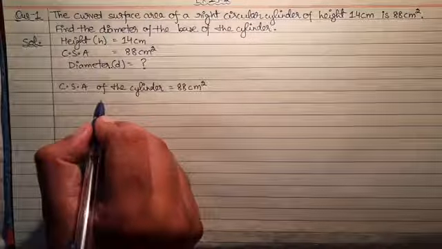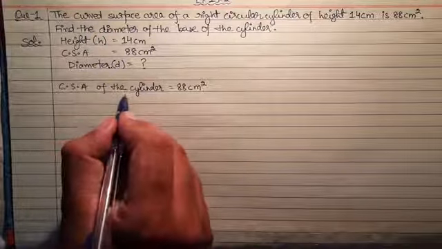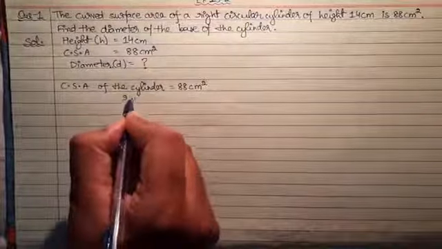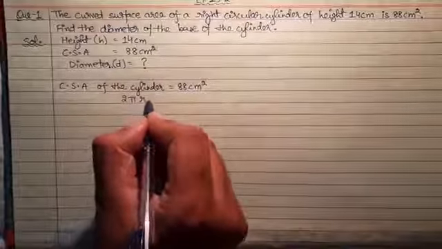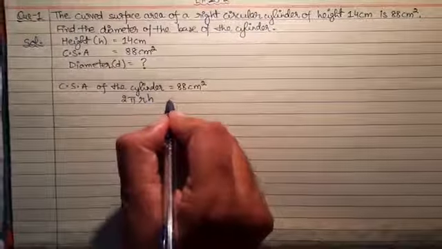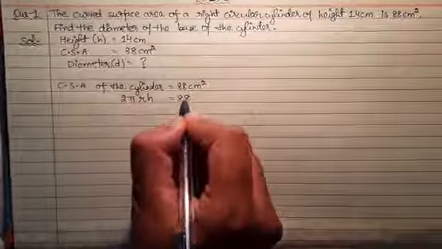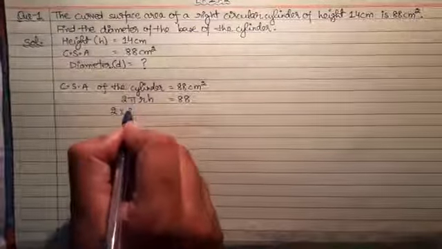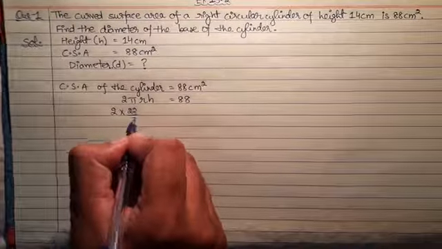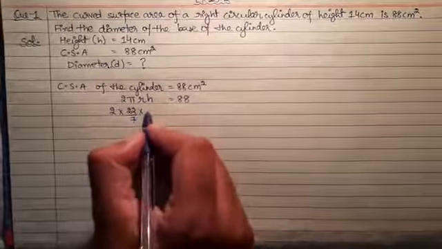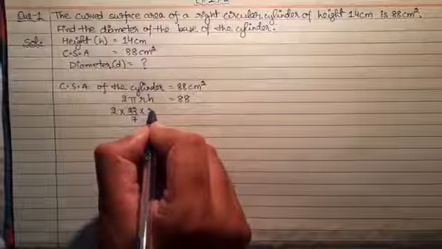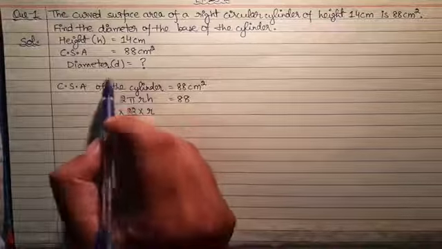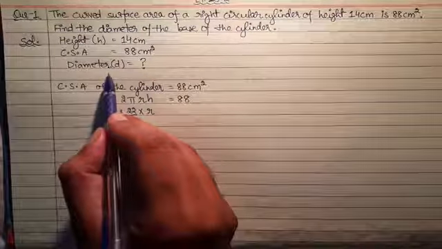Students, we know that curved surface area of the cylinder is 2 pi multiply r multiply h equal to 88. 2 pi is 22 by 7. We have to find the radius. When we find the radius, then we will find diameter.